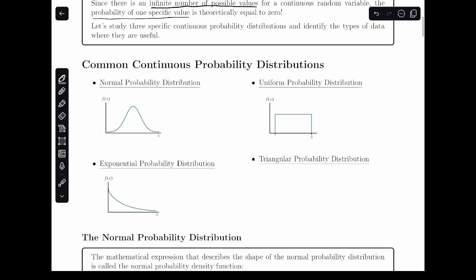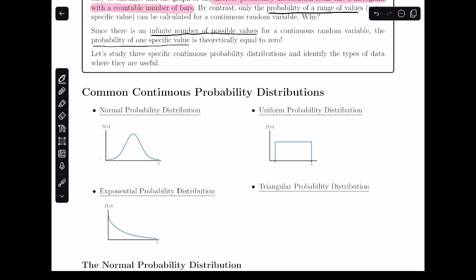And we're going to look at 3 or 4 continuous probability distributions and look at situations where they're helpful. There are 3 shown here: the normal probability distribution, the exponential probability distribution, and the uniform probability distribution. The normal distribution is this symmetric bell curve shown on the top left.